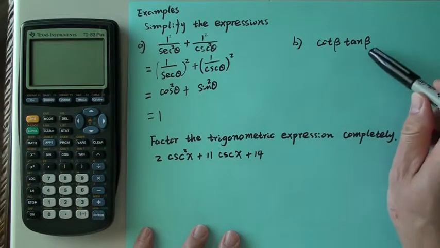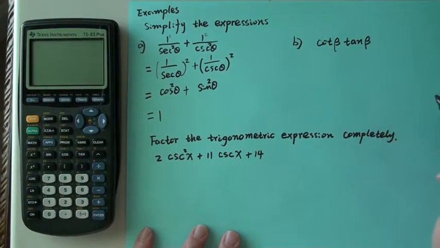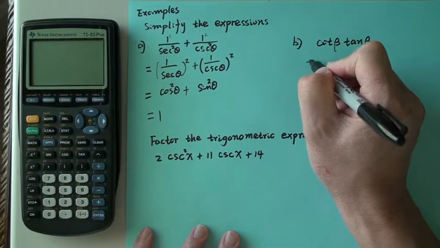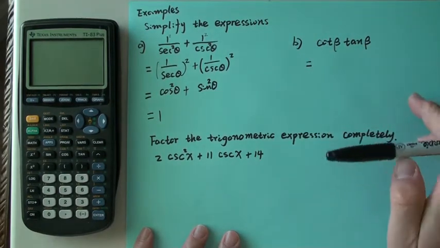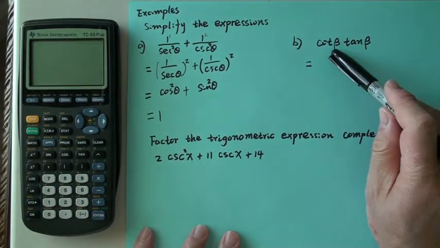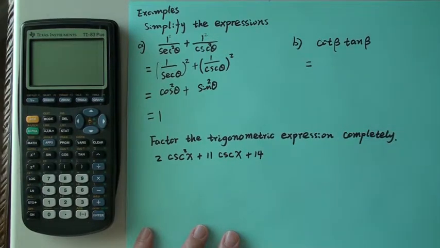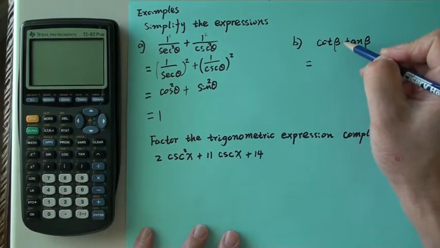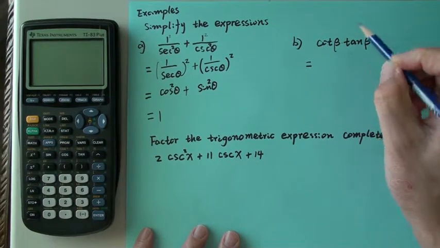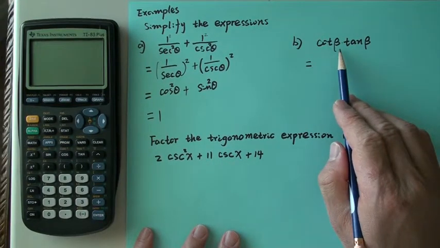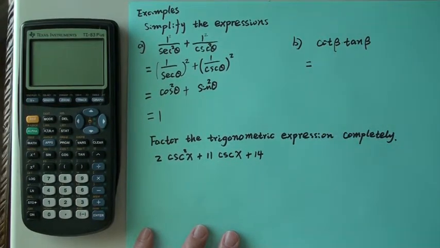Now, the second one is also easy. What's the relationship between cotangent and tangent? Here is multiplication, huh? Okay. Cotangent beta times tangent beta.